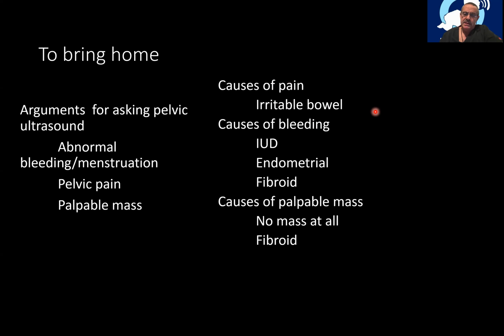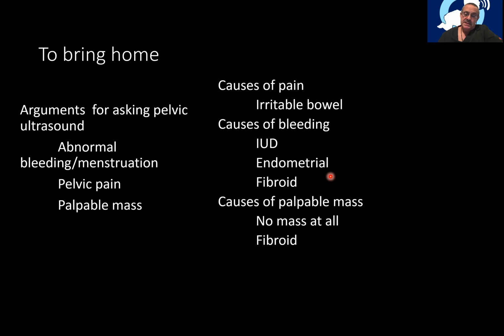Causes of abnormal bleeding: IUD, endometrial causes, fibroid, not taking properly the contraceptive pills or taking the emergency pill. Of course, that can cause bleeding.